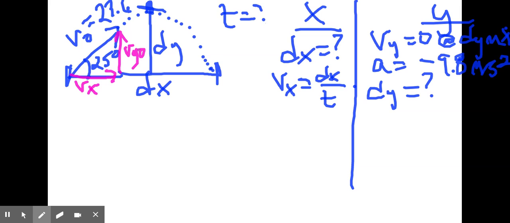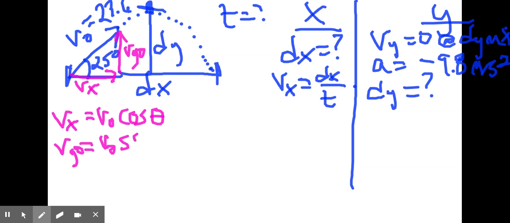Our vx is going to be equal to v naught times the cosine of theta, and vy naught is going to be equal to v naught times the sine of theta. Again, look at your SOHCAHTOA. Sine is opposite over hypotenuse. Cosine is adjacent over hypotenuse.